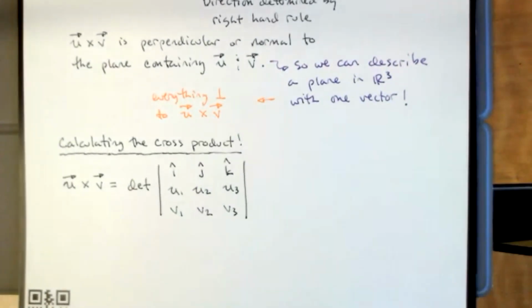So to calculate the cross product, we want to find the determinant of the matrix, where the first row is i, j, and k. The second row is the first vector in the product. The third row is the second vector in the product.